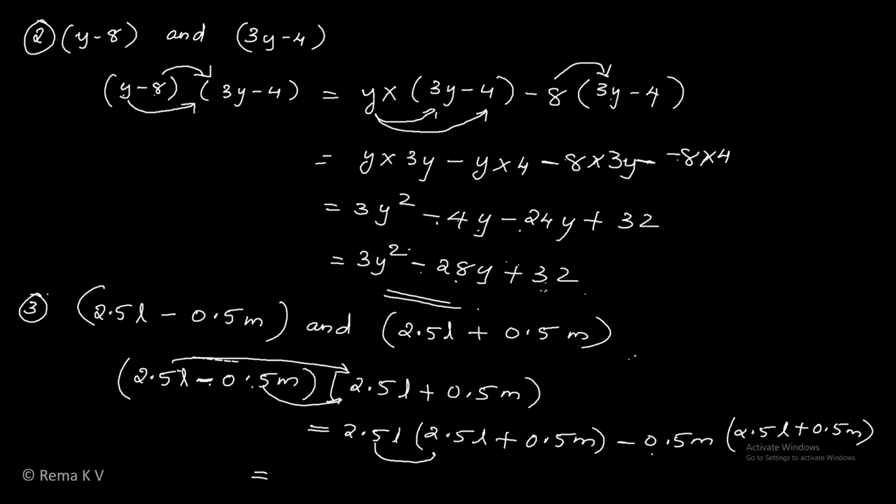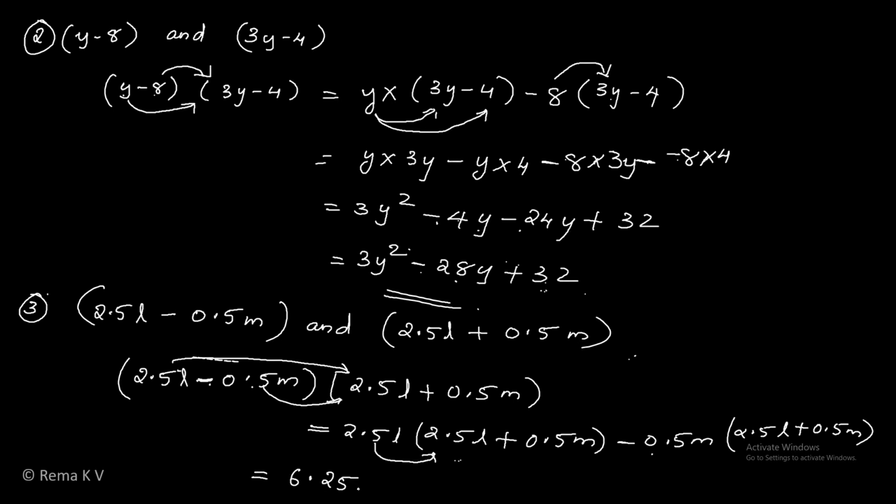Multiply these two, what will you get? 2.5 L into 2.5 L. What's the answer? It is 2.5 into 2.5, which gives 6.25.